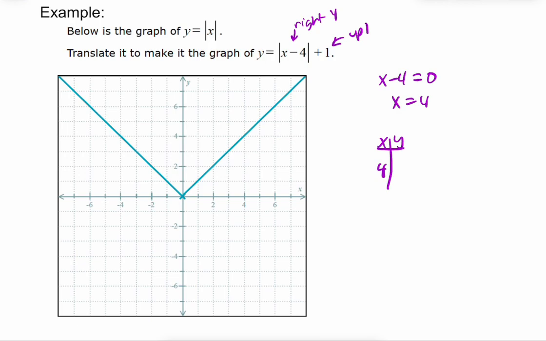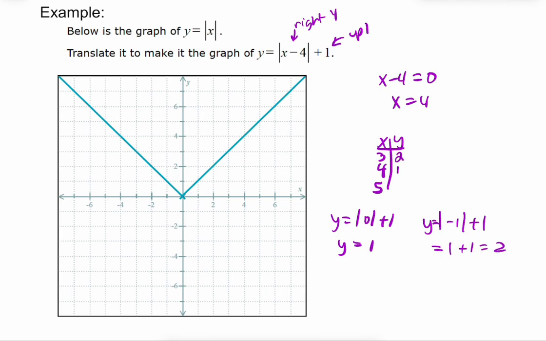So I'm going to plug in something below that and something above that. If I plug in 4, I get the absolute value of 0 plus 1, which is 0 plus 1, or 1. So if you plug in 4, you get 1. Guess what? The center moved to the right 4 and up 1, just like we predicted. If I plug in 3, I get the absolute value of 3 minus 4, or the absolute value of -1, which becomes a positive, which becomes 2.